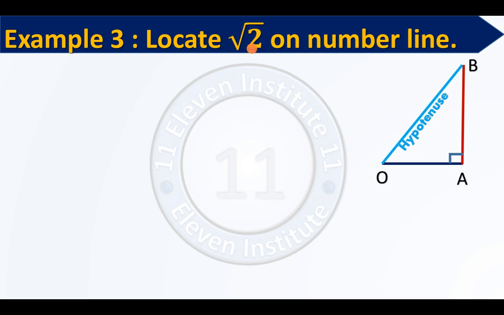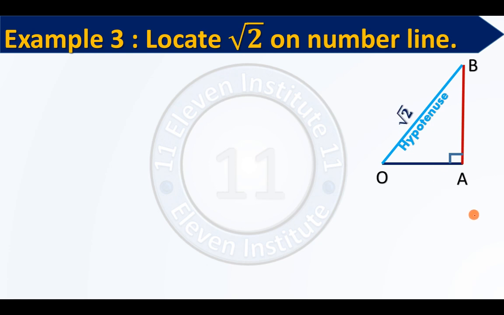Now, how will you get the length of your hypotenuse to be exactly root 2? We will use Pythagoras theorem for this, because the length of your hypotenuse depends upon the sum of squares of the other two sides according to the Pythagoras theorem.